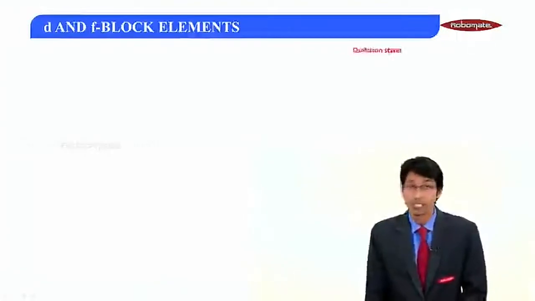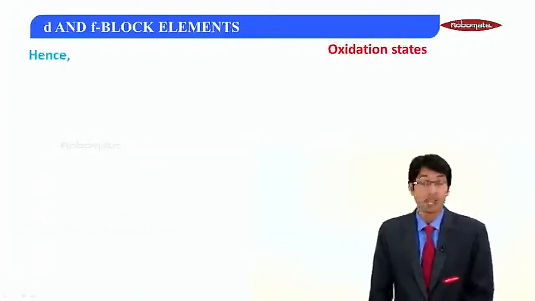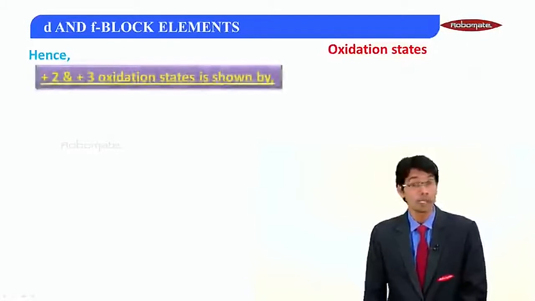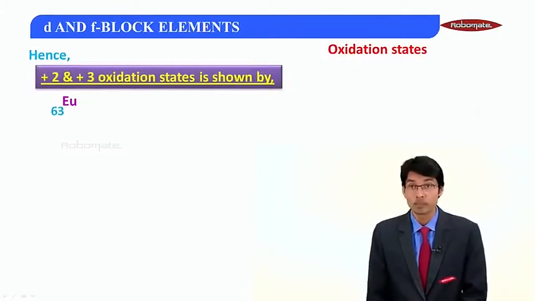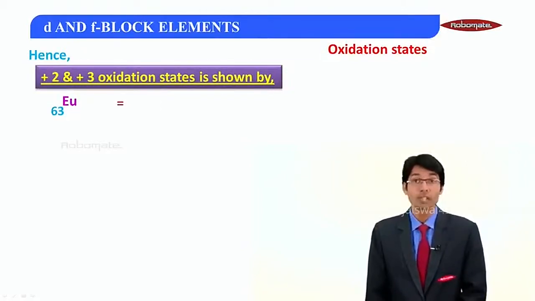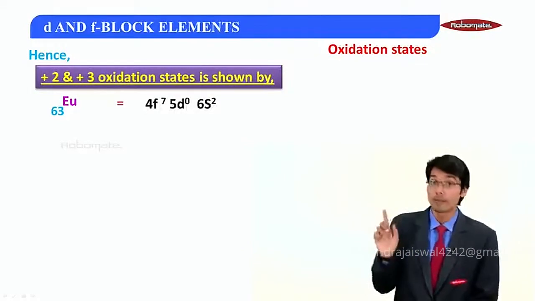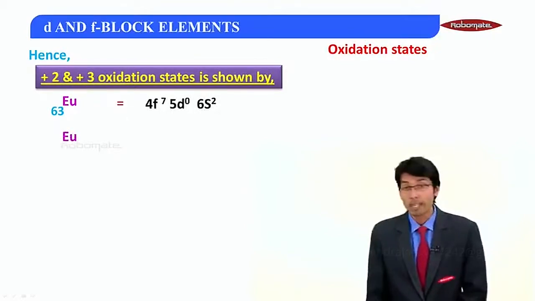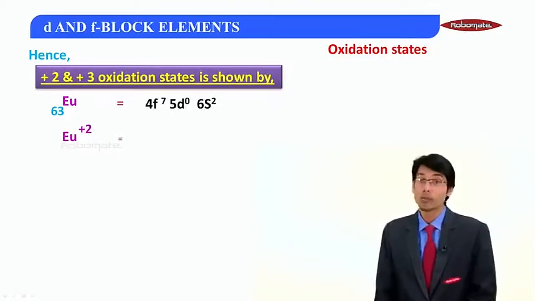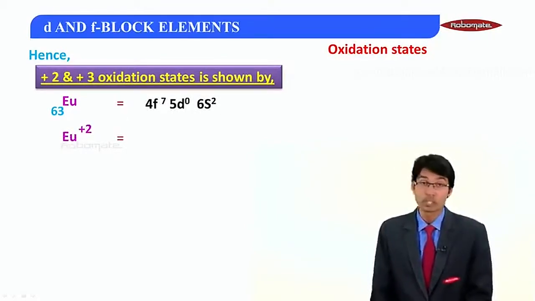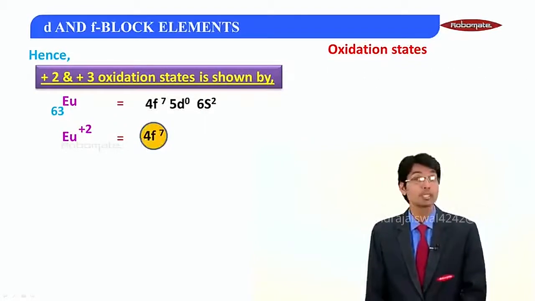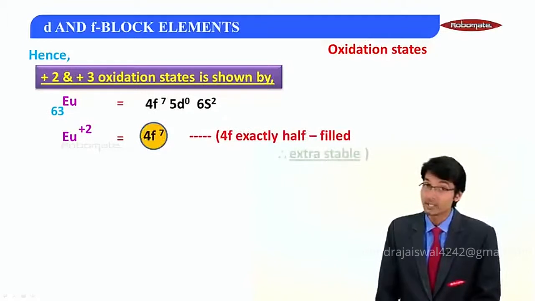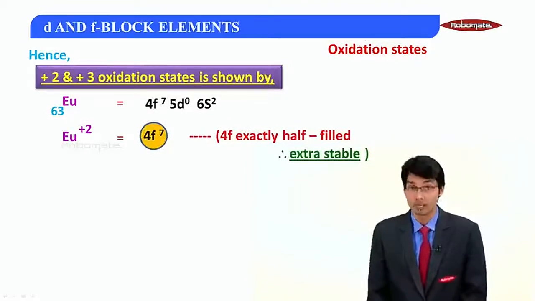Along with it, there are certain elements which have a common oxidation state of +3 as well as +2. For example, europium, 63, with configuration 4f7 5d0 6s2. If I write europium 2+, there will be loss of 2 electrons from the 6s orbital, and it will become 4f7. Now europium 2+ is highly stable since it has a half filled f orbital.